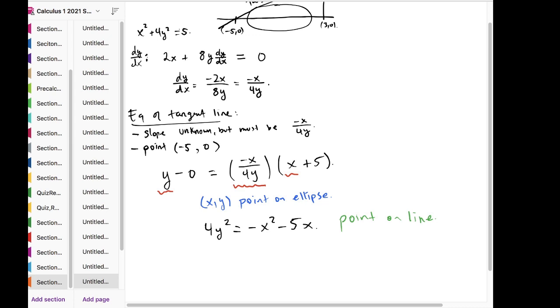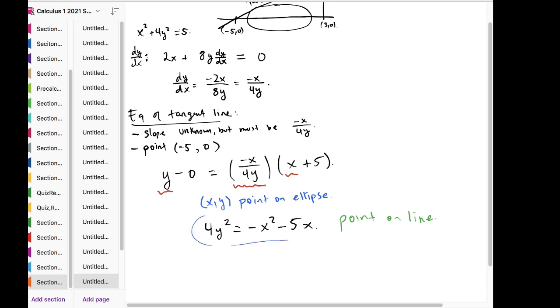What equation tells you the point on the ellipse? Right, so this is not the ellipse, right?